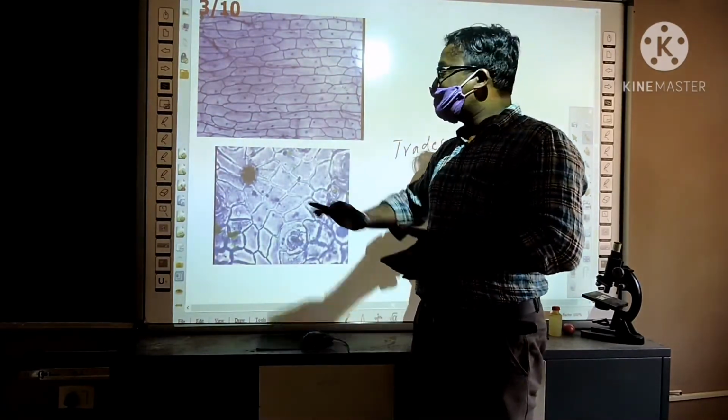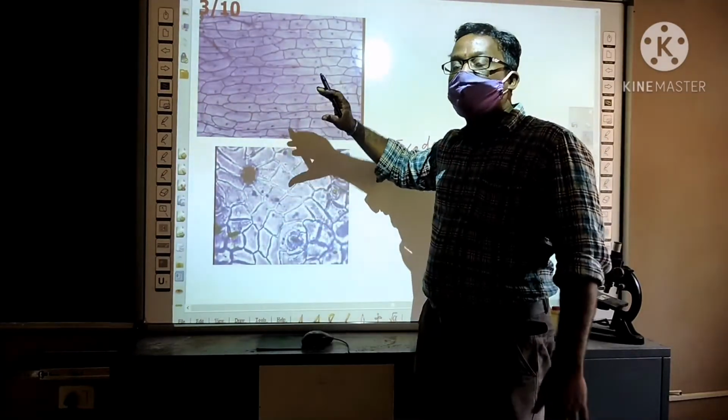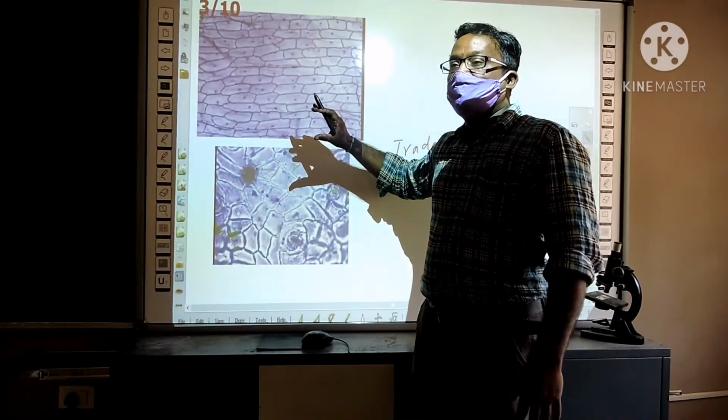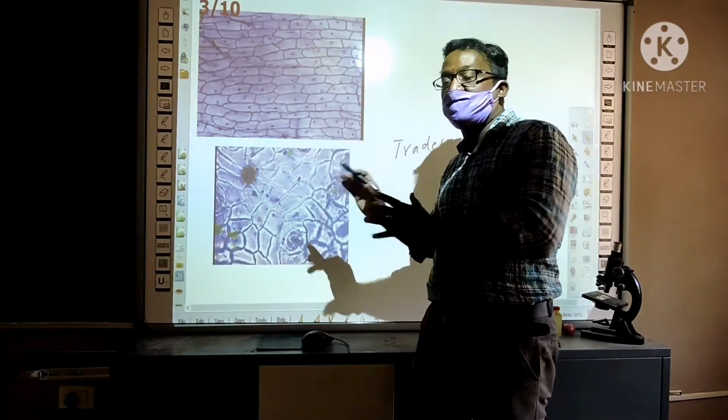So what is the similarity in both? The cells in a particular part have the same structure. Isn't it? And usually they perform the same function also.